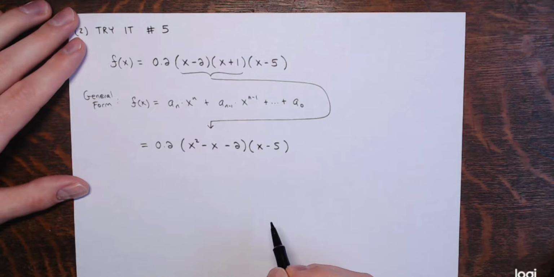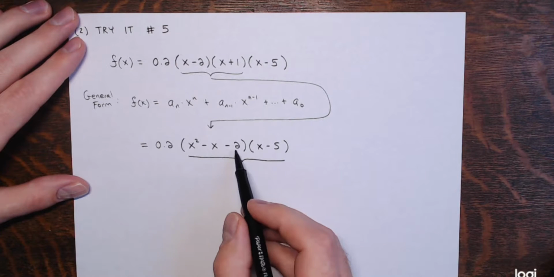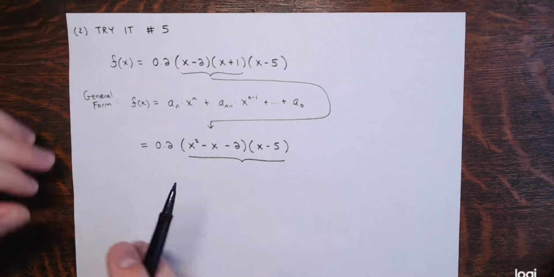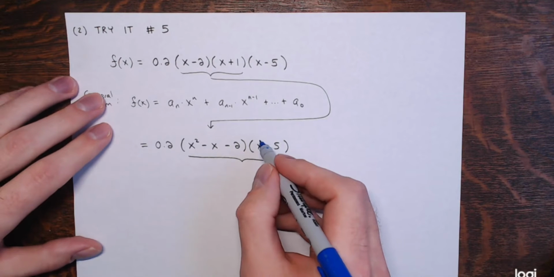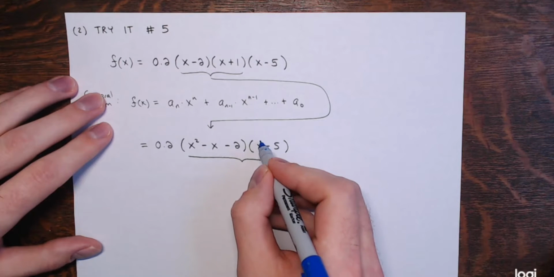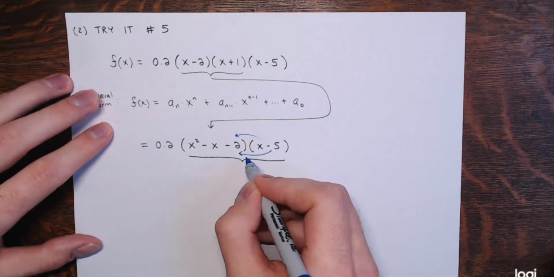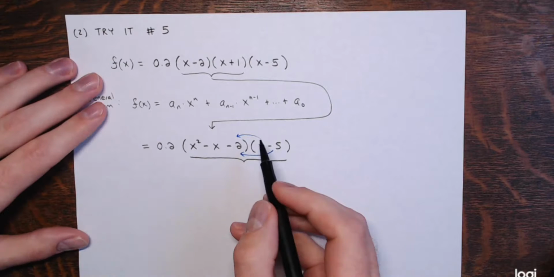And now I'll multiply these two factors, x squared minus x minus 2 times x minus 5, and see what we get. Now remember how to multiply polynomials, I'm hoping. I'm going to take these two terms, let's distribute the x, and then distribute the negative 5 to the x squared minus x minus 2, and then we'll combine like terms.